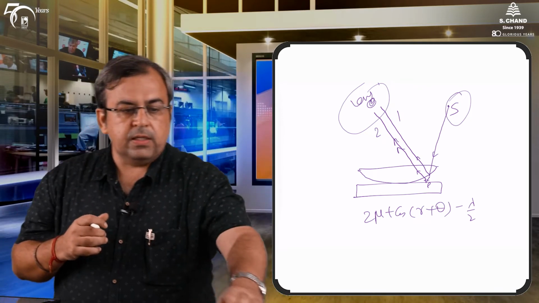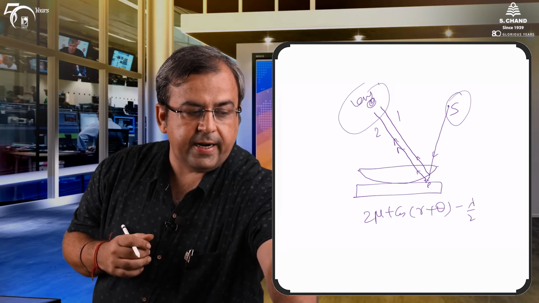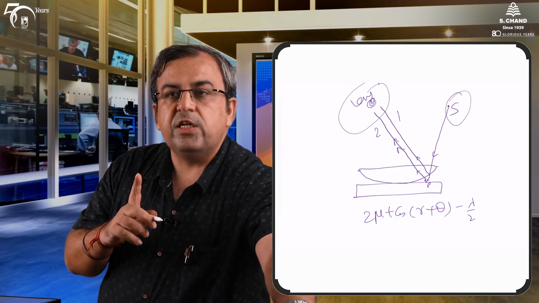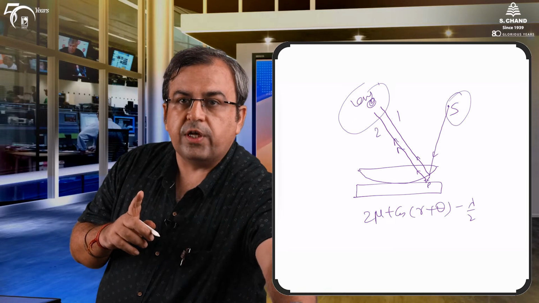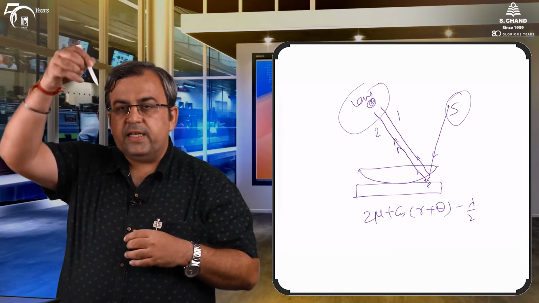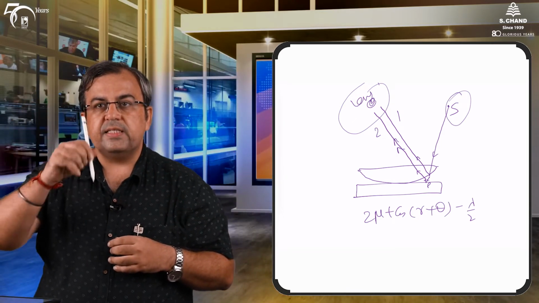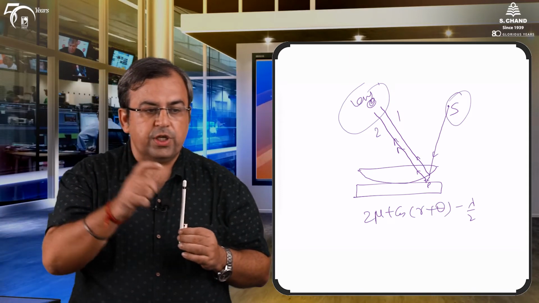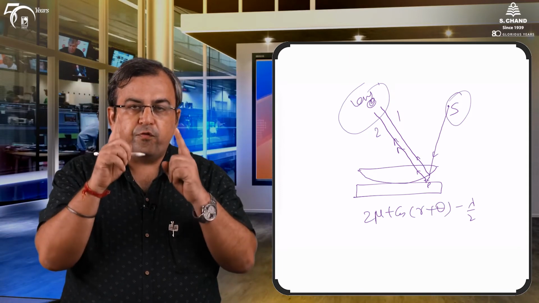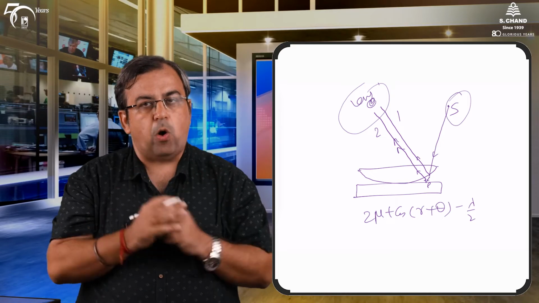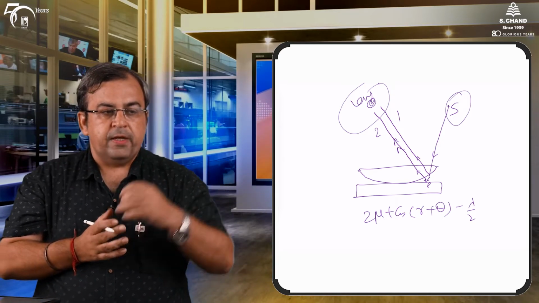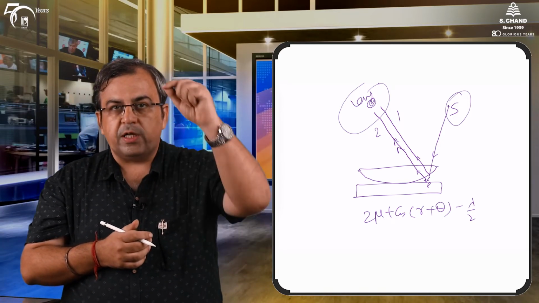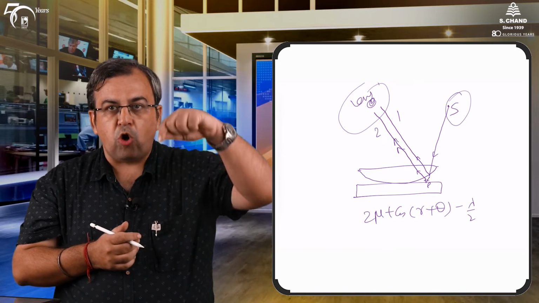Now one thing we need to see: when r is equal to 0, what is going to happen? When incidence is normal and r is equal to 0, the angle of wedge, suppose we are considering, is very small. Two things we need to observe now. When r is equal to 0, it means we are taking normal incidence.